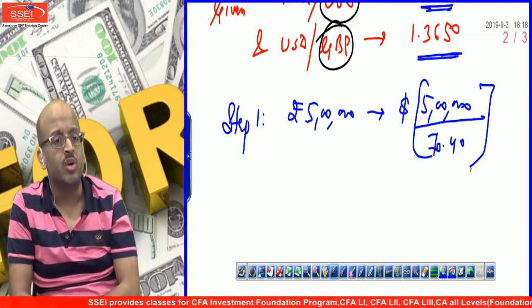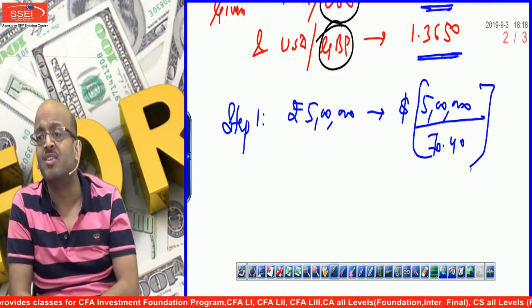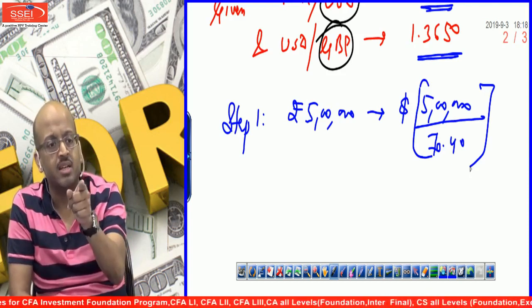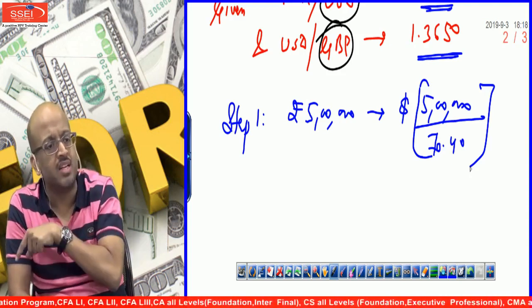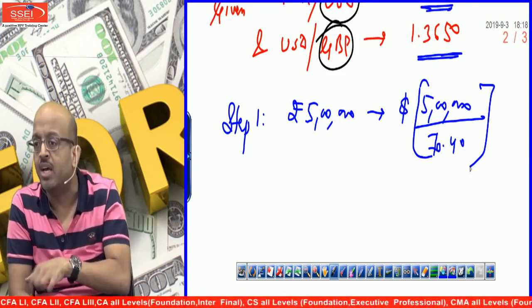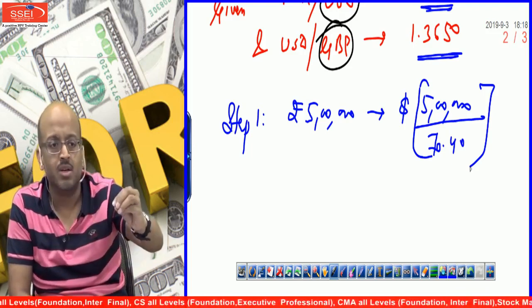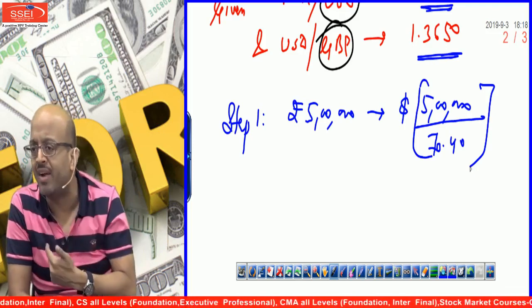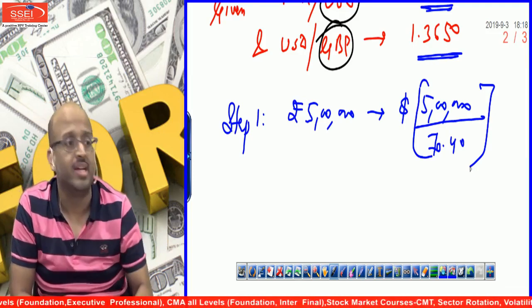Because if you do, you are carrying out rounding off at every stage, because of which the final answer will be slightly different. If I don't calculate, leave it like this, I will straight away divide both figures. But if I calculate and then divide, you will be doing some rounding off. So in a very simple sum, in which 2 or 3 multiplications or divisions are involved, it's better not to calculate at every stage so that the rounding off is avoided.